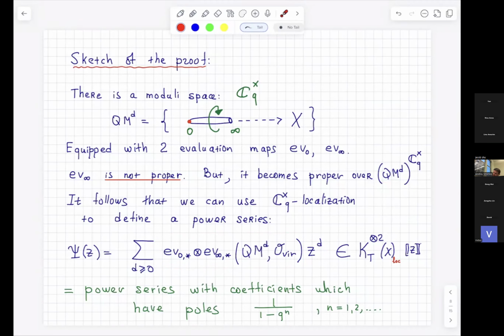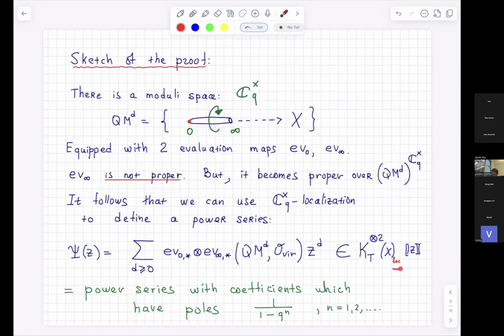So again, the result lives in a tensor square of K theory. It's a power series in z, so it's like a matrix. Again, in some basis, it's going to be given by a matrix with coefficients given by power series.